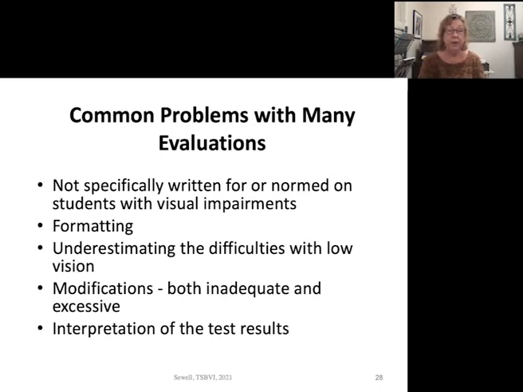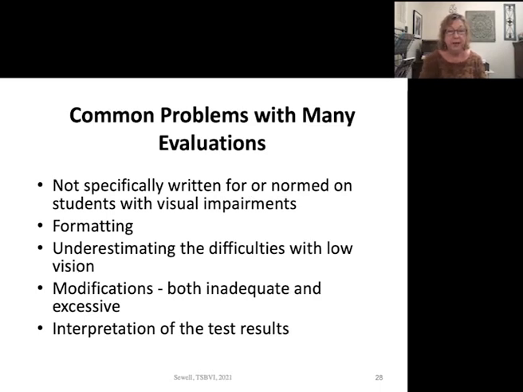Some of these evaluations could be set up with formatting that our kids aren't familiar with. So we need to make sure we evaluate how they're set up and make sure our students are familiar with that and pre-teach them if we need to do that for formatting.